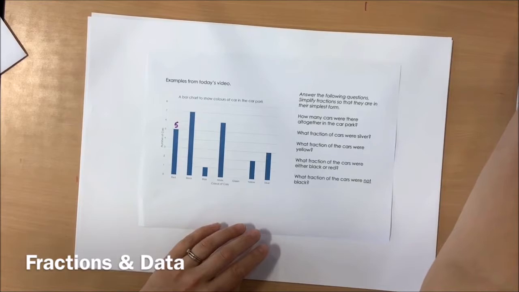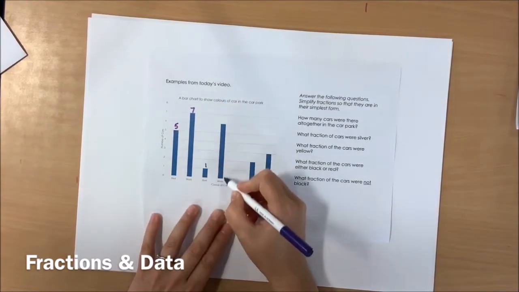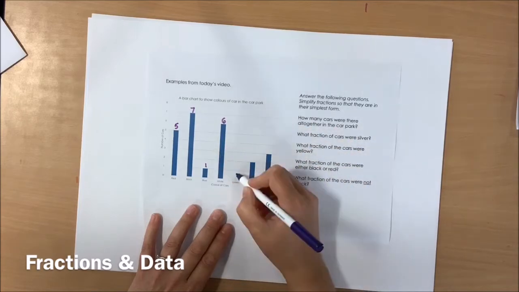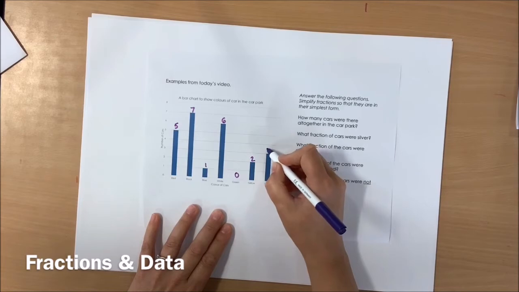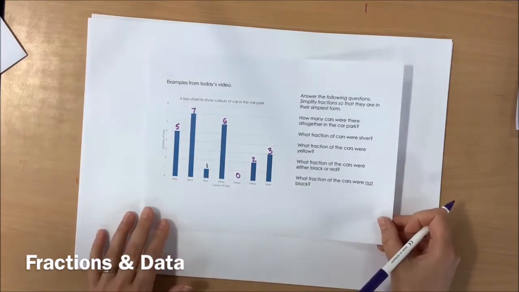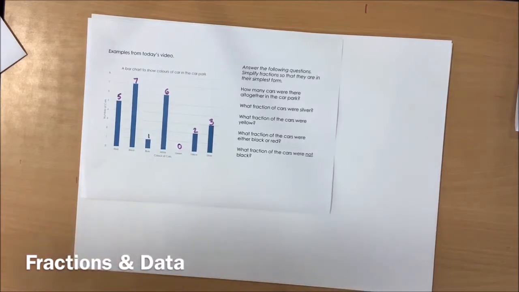It's a bit easier on this one, but some of them are a little bit harder. So there were 7 black cars, 1 blue car, 6 white cars, 0 green cars, 2 yellow cars, and 3 silver cars. Okay, so there we go. We've labelled our bar charts, which should make it nice and easy for us to answer the questions.